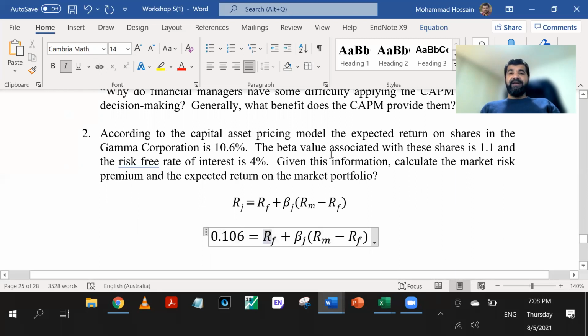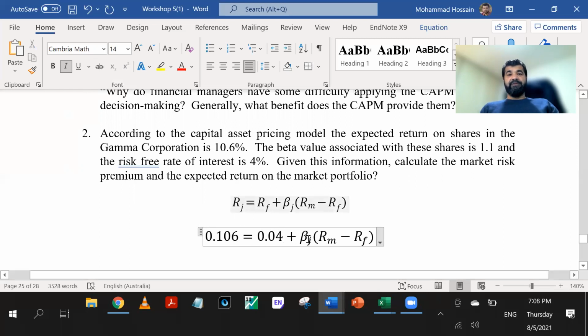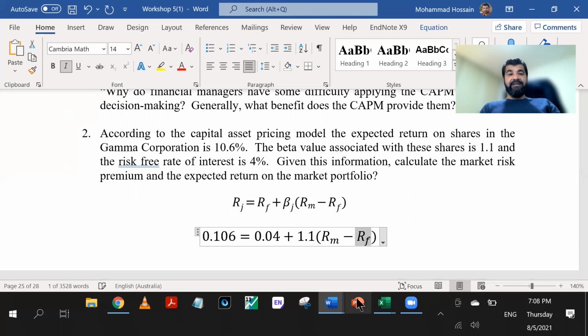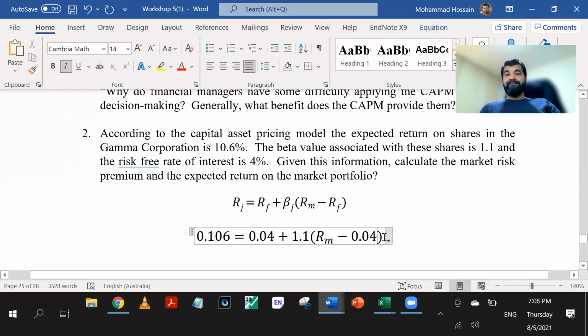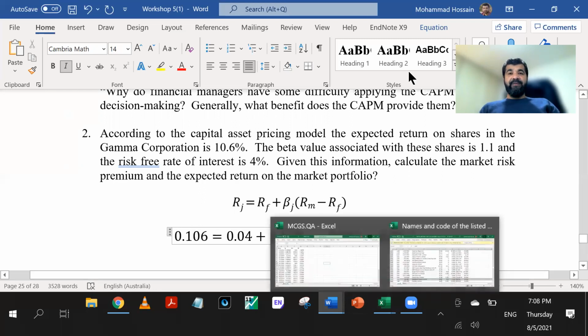How much is the risk-free return? 4%, so 0.04. Beta, they said already, is 1.1. RM, we don't know. Can you get the RM? Of course we can. What will be the RM? 0.06.